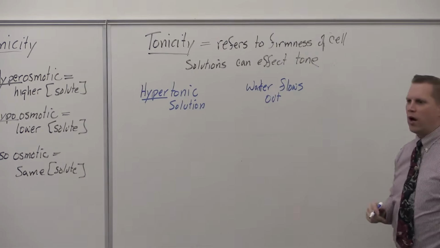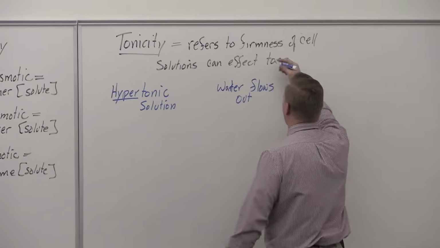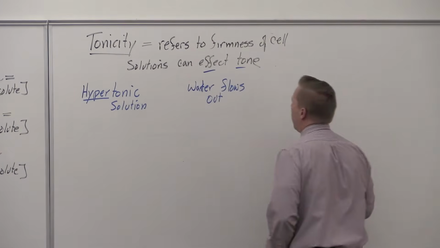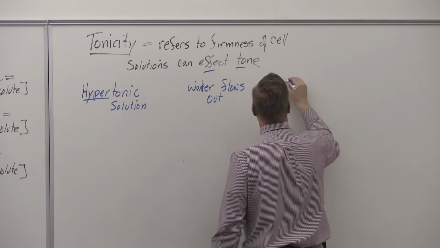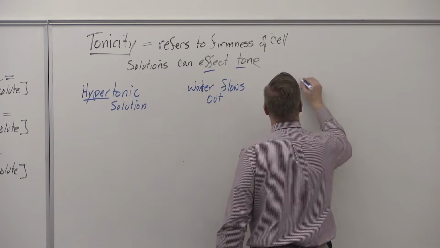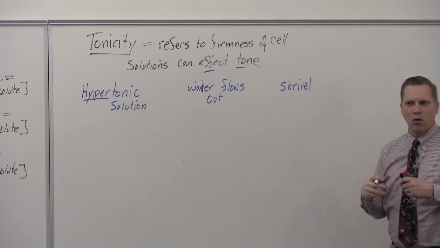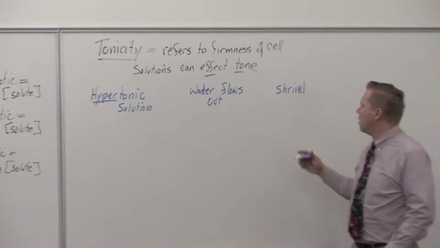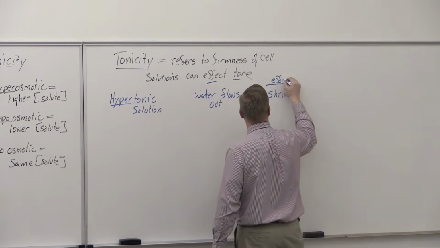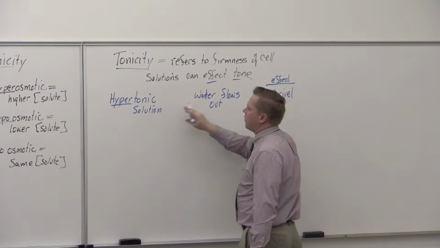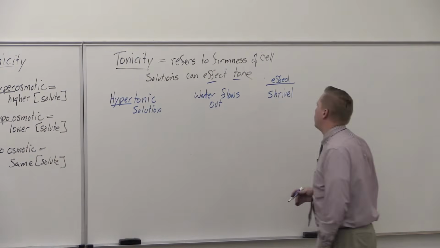So the water is going to flow out of the cell, and the effect on the tone, or the effect on the cell, is going to be that that cell is going to shrivel or shrink. And so this is the effect. This is the direction, and then this is the type of solution.